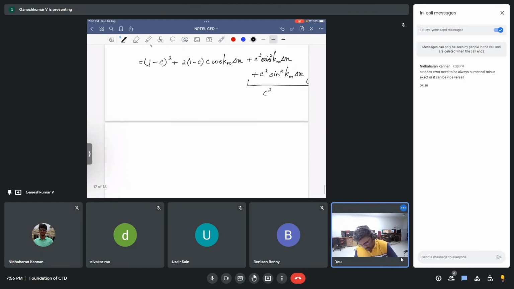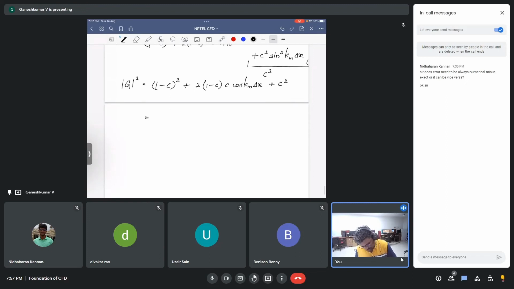We can simplify it as 1 minus c whole square plus 2 into 1 minus c cos km delta x plus c square.